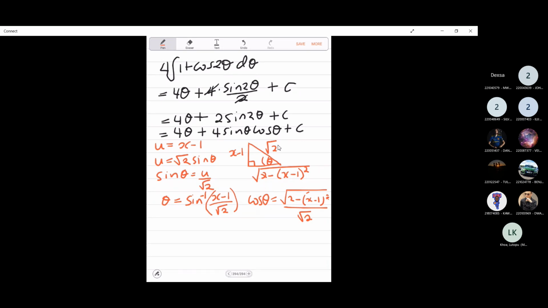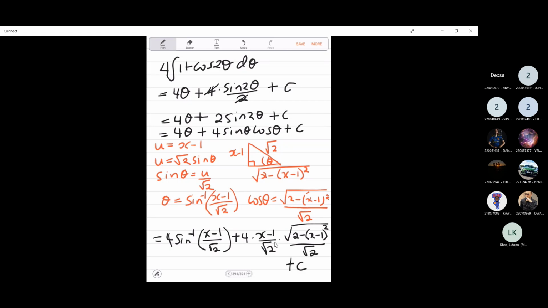Now we substitute. This is 4 theta. Theta is sine inverse of x minus 1 over the square root of 2, and then 4 times sine theta first, which is x minus 1 over the square root of 2, and then cos theta, square root of 2 minus x minus 1 squared over the square root of 2 plus my constant.